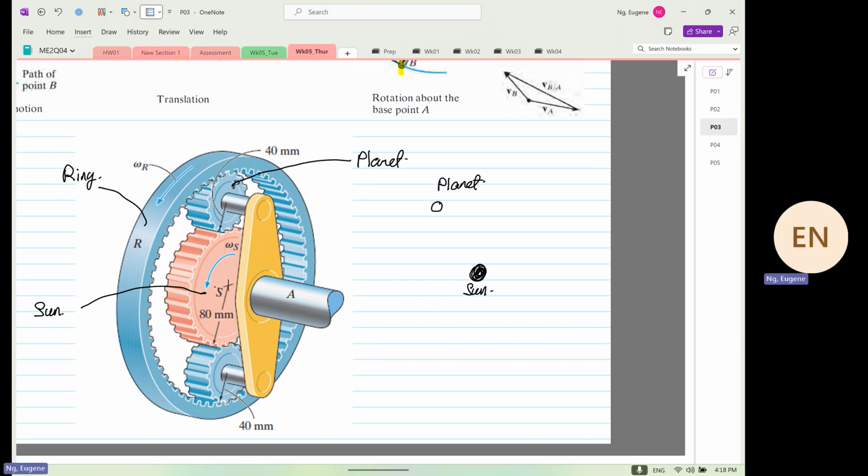In a planetary gear, one of the gears is stationary. For example, the ring has to be stationary, or the sun has to be stationary, or the planet has to be stationary. One of them has to be stationary. Are we clear?